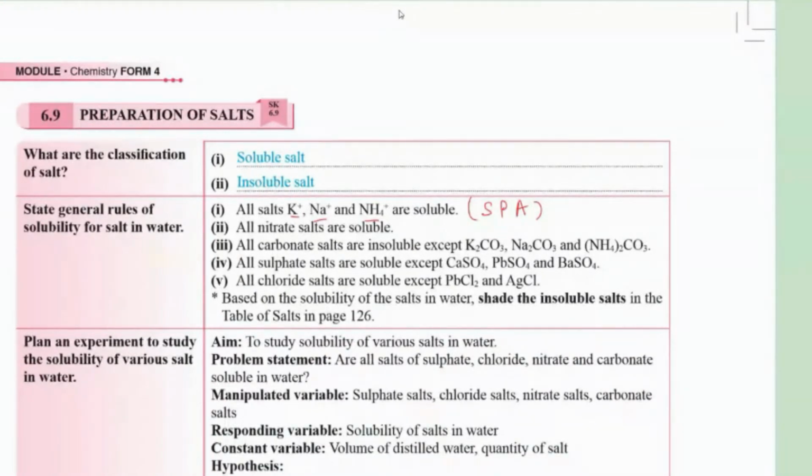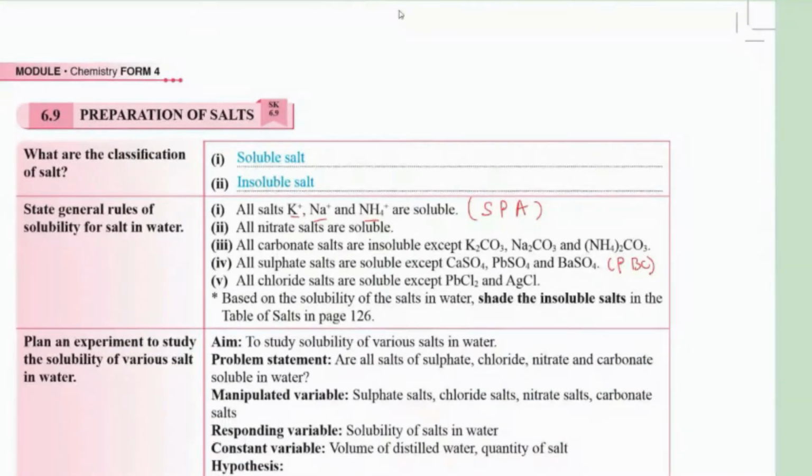All carbonates are insoluble, except the SPA ones: sodium carbonate, potassium carbonate, ammonium carbonate. Then all sulfate salts are soluble, except PBC: P is lead sulfate, B is barium sulfate, C is calcium sulfate.